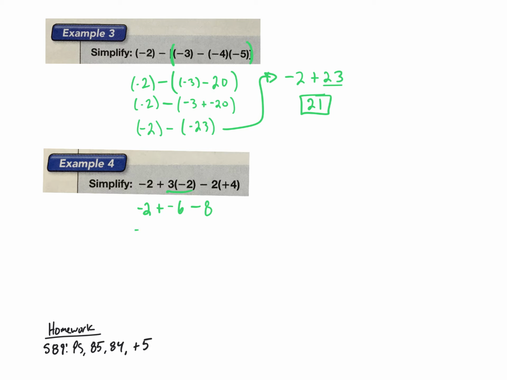This is going to be a negative 2 plus the negative 6 plus the opposite of 8, which is negative 8. So notice these three are all the same term, so let's just add them. 2 and 6 is going to be 8, plus 8 more is going to be 16, and they're all negative, so I'm going to keep that sign.